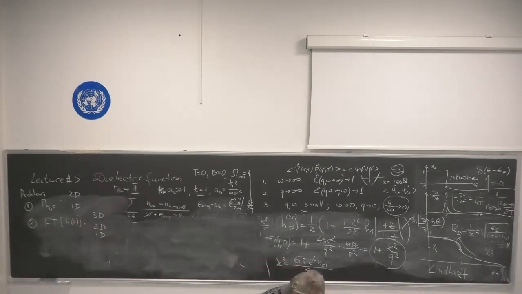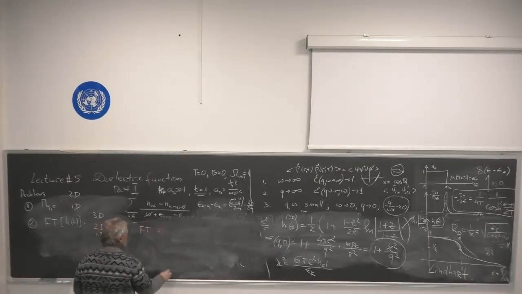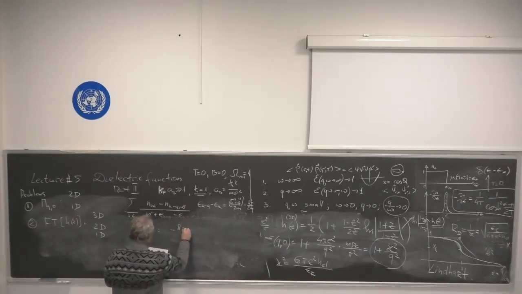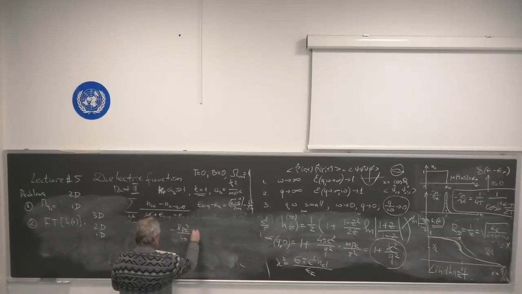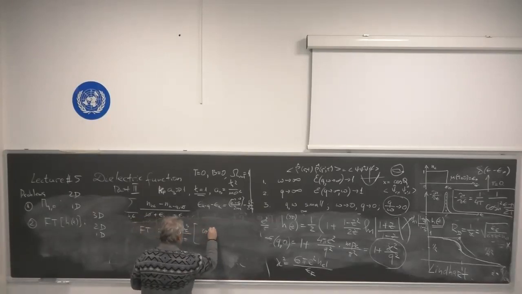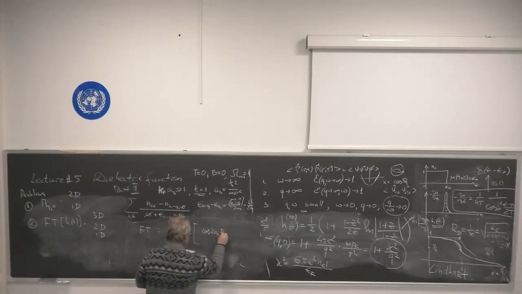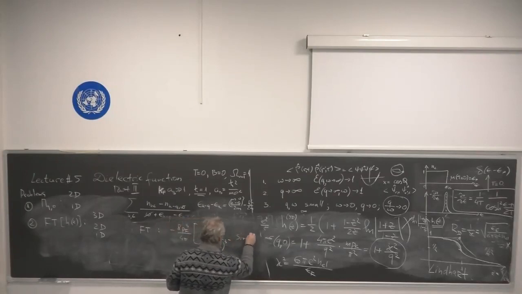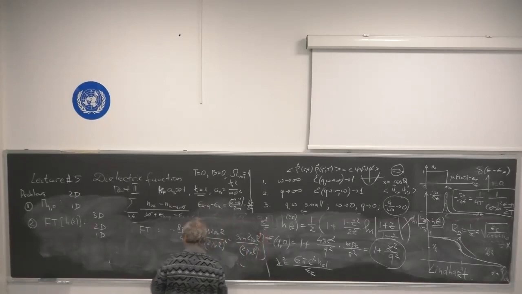So for 3D, this Fourier transform is given by minus 8 p_F cubed over 4 pi, and here you have the function cosine 2 p_F r divided by (2 p_F r) cubed minus sine 2 p_F r divided by (2 p_F r) to the power 4.